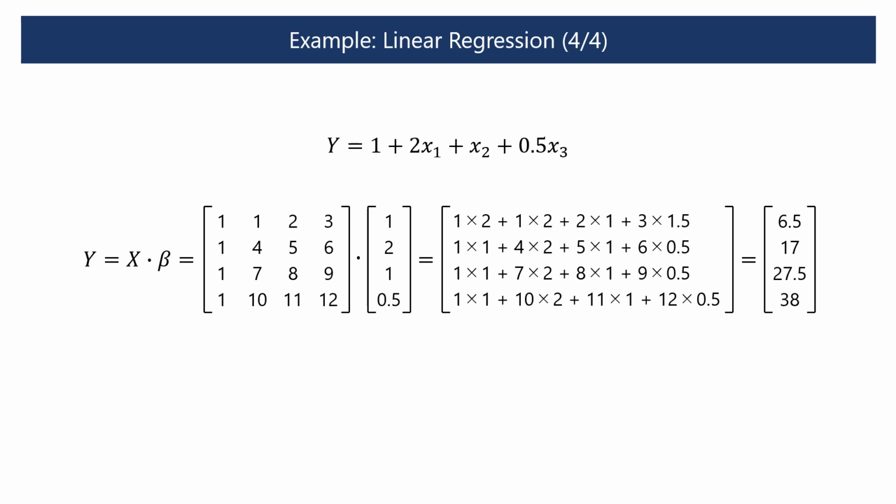In this case, the predicted values y are calculated as follows. In this way, by including the intercept in the matrix calculations, the predicted values for multiple samples can be efficiently computed all at once. Using matrix operations allows for the fast processing of large datasets, enabling efficient predictions.